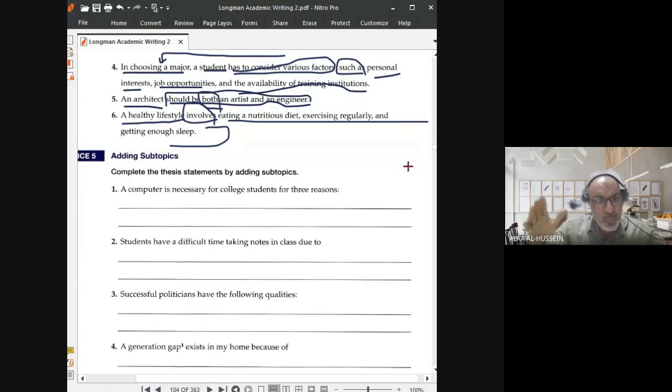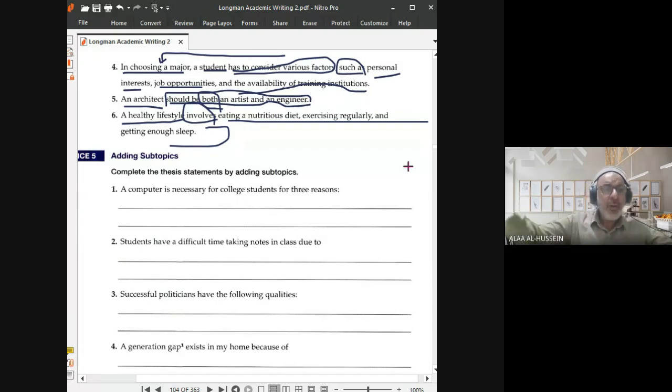We have different ways, but always try to be systematic. When you write your introductory paragraph, your essay, try to be systematic and try to include your thesis statement in your introductory paragraph.